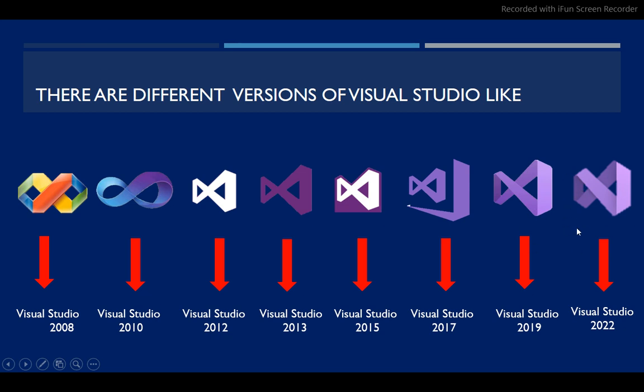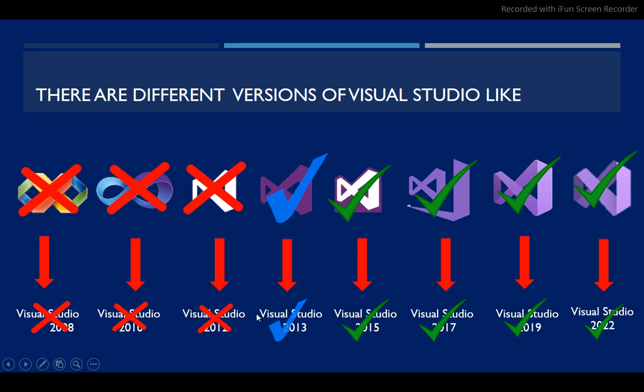At Microsoft's download page, you will be able to download this version. Now, the whole world uses Visual Studio 2015, 2017, 2019, and 2022. In rare cases, companies who work with old software use Visual Studio 2013. But Visual Studio 2012, 10, and 8 are currently expired.